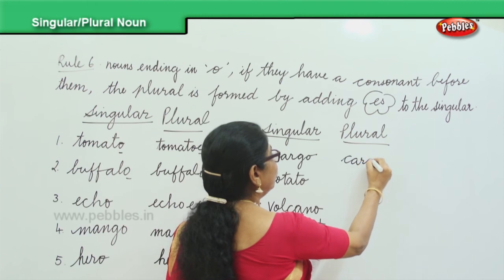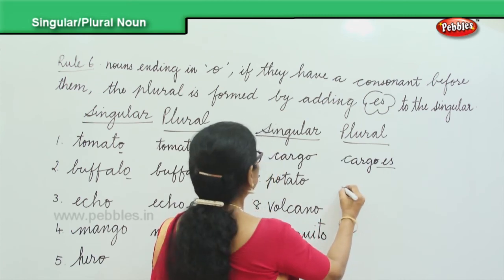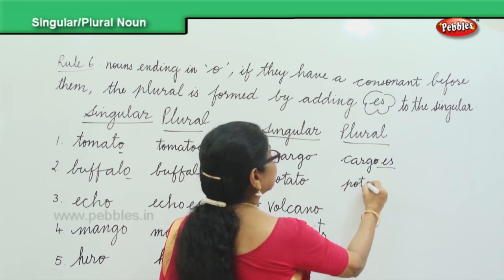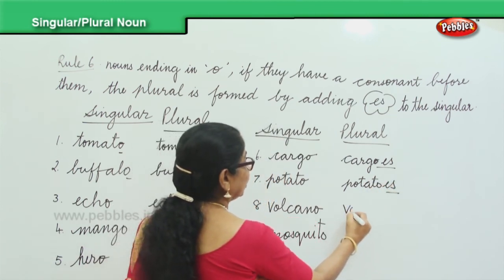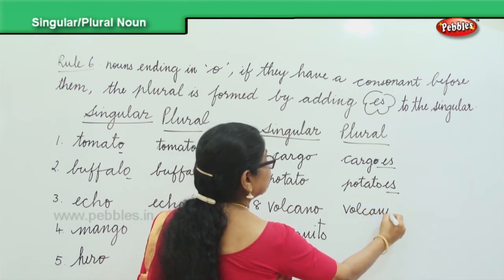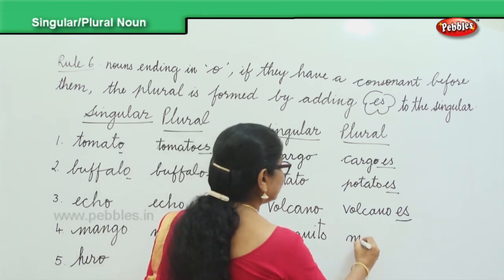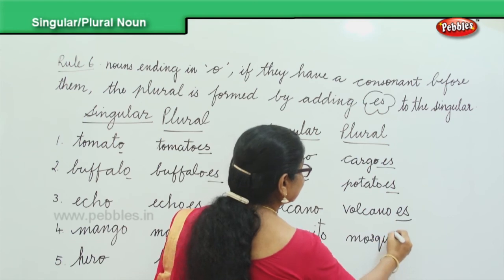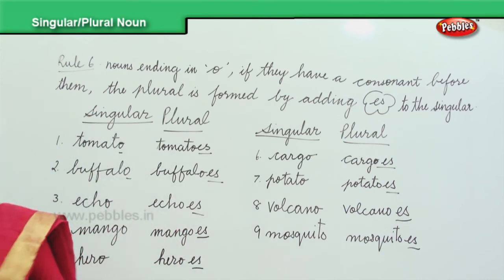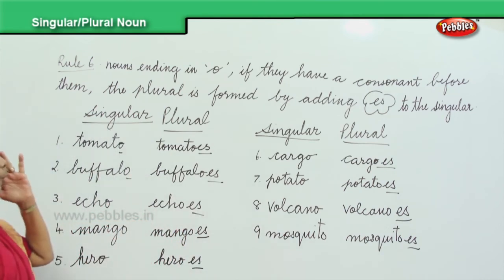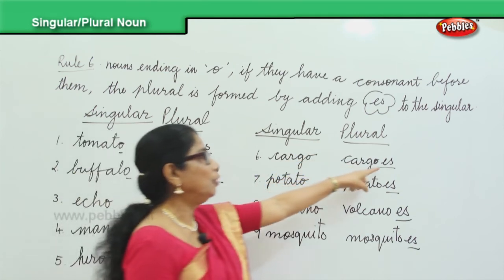So, cargo, you add es to form the plural. Potato, you add es to form the plural. Volcano, you add es to form the plural. And finally, mosquito. The rule 6 says, if a noun ends in O and there is a consonant before the O, then to form the plural, you add es.